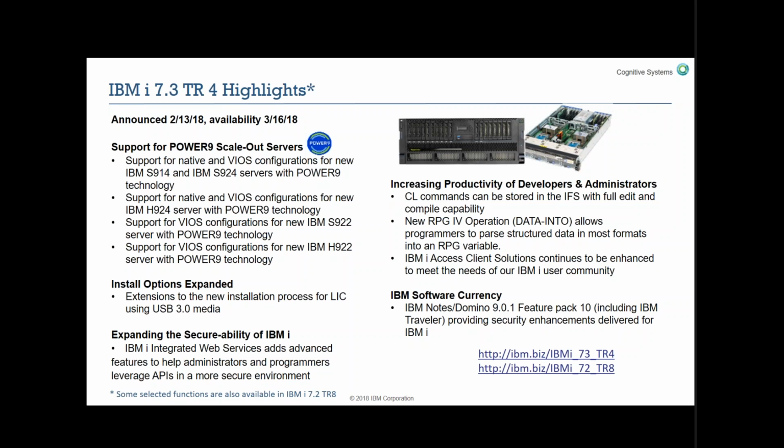A new RPG operation. We enhanced the IBM i Access Client Solutions product, which I'll also talk about. There's a lot of good material on this slide deck, and I put hot links on a lot of my slides where you can click and read more about these technology refreshes.